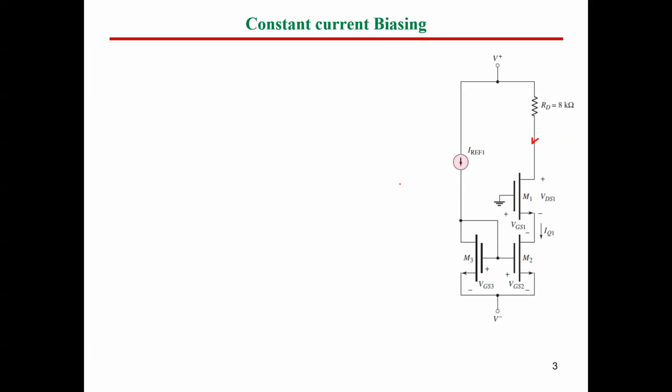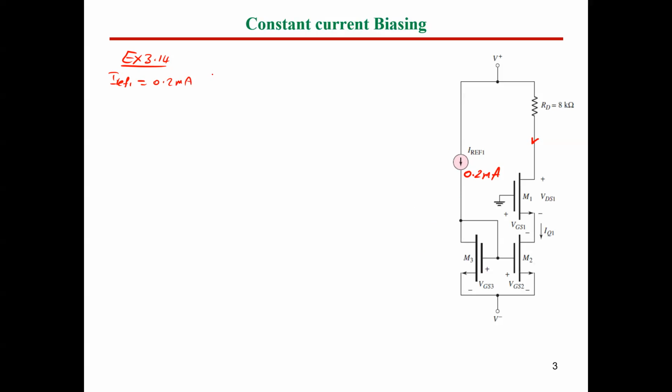The numbers are: we have I reference equals 0.2 milliampere. In this example 3.14, we have I reference, because this is going to flow in this branch here, equals 0.2 milliamp.